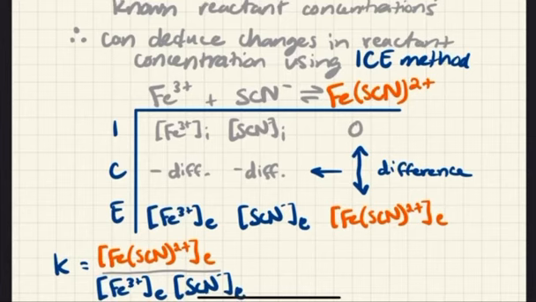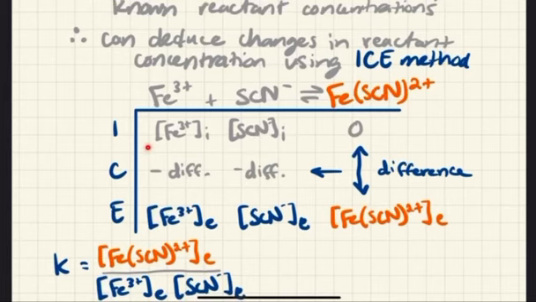So if initially we had 0 product and now we have a measured concentration of product, the change from initial to equilibrium must have been the difference between 0 and the final concentration. That difference, because this is a 1-to-1 molar ratio, must be equal to the difference in initial reactant concentrations.